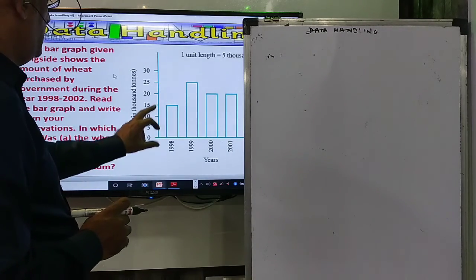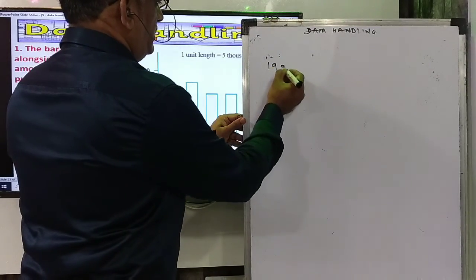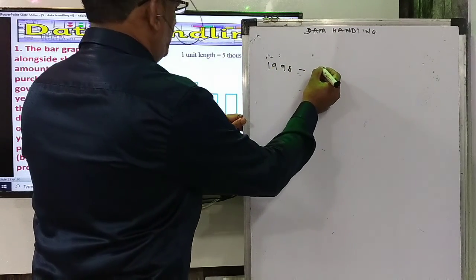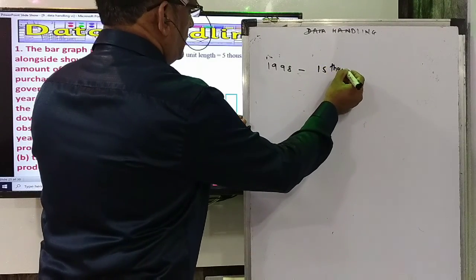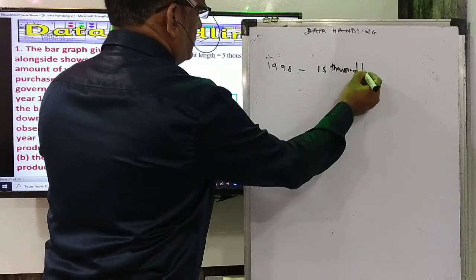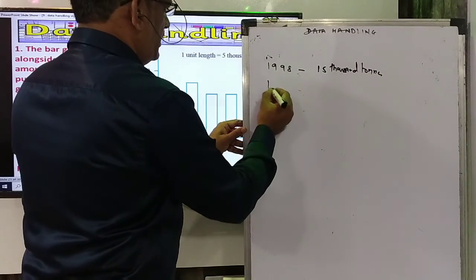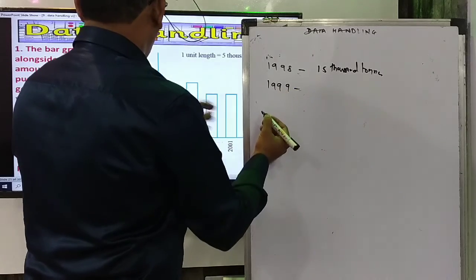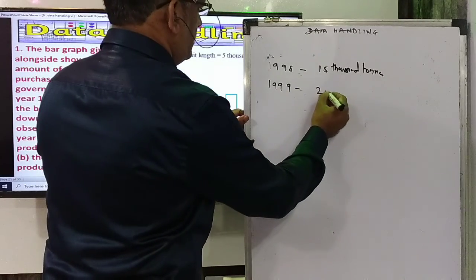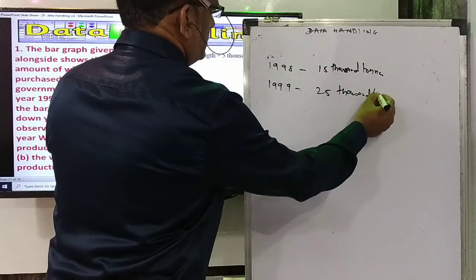Now this is 5, this is 10, this is 15. In 1998, wheat production is 15,000 tons. In 1999, wheat production is 25,000 tons.